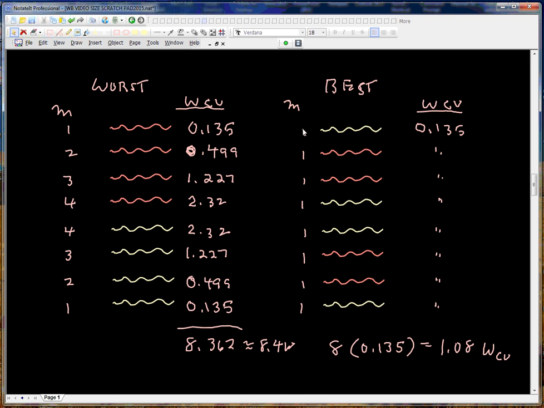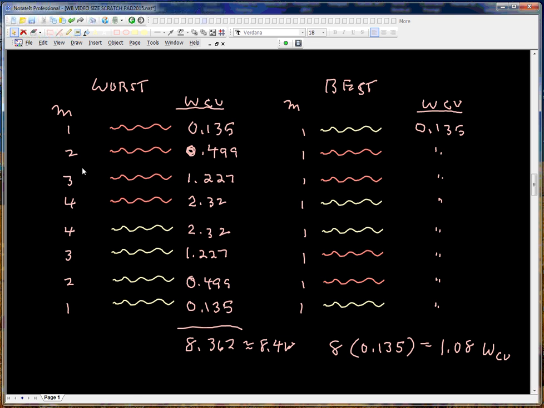Now since M is always 1 here, that means the dissipation is always 0.135 watts. So the total dissipation for this best winding configuration is 8 times that. There's 8 layers. 8 times 0.135 is 1.08 watts, which is the number we gave you before.